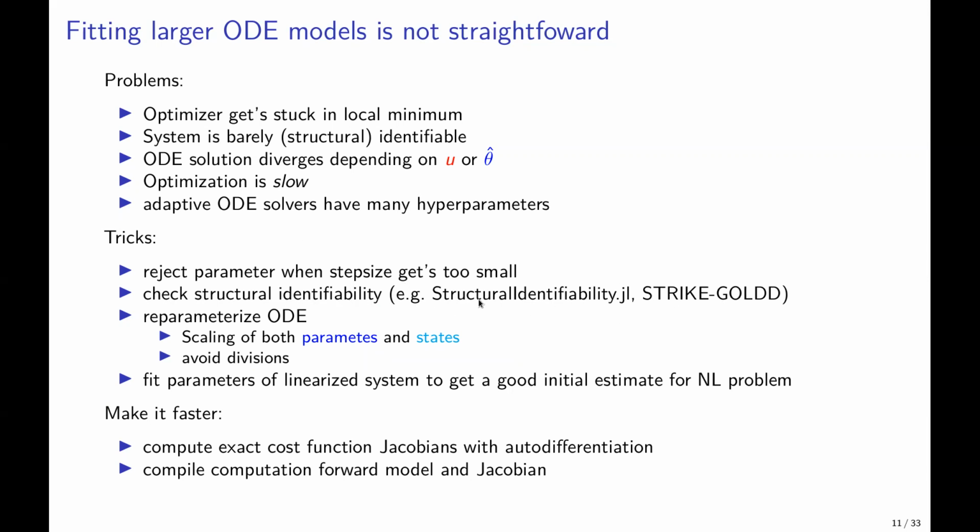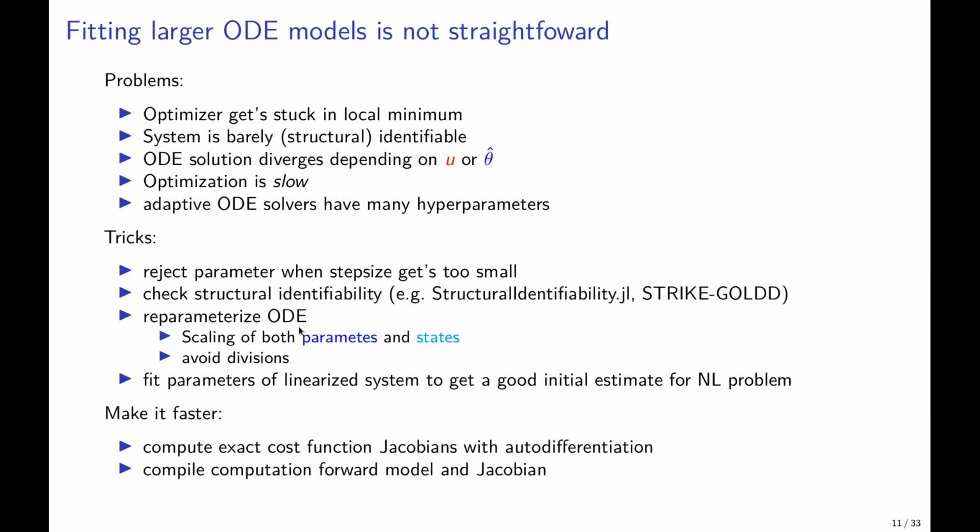There are some toolboxes, like for example, the Julia package StructuralIdentifiability, or STRIKE-GOLDD in MATLAB. And they are actually kind of okay. If the systems get too big, they're not very useful though. So if you have a system with, for example, 80 parameters and 11 states, I cannot solve it on my computer. So then I'm solving some kind of similar system, and I just hope for the best, that they're still the same.